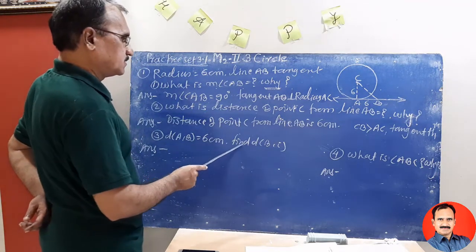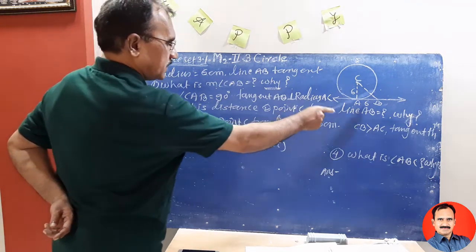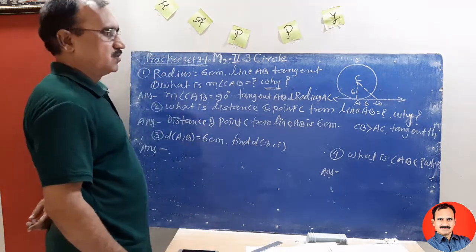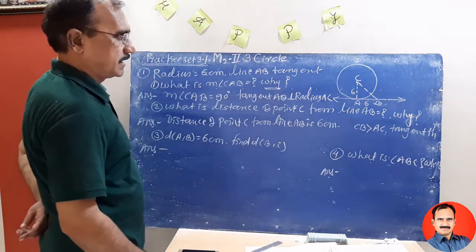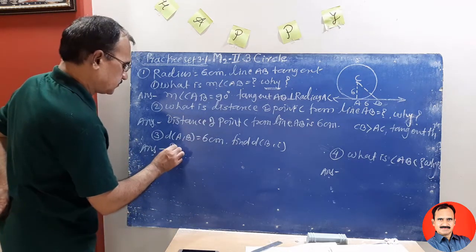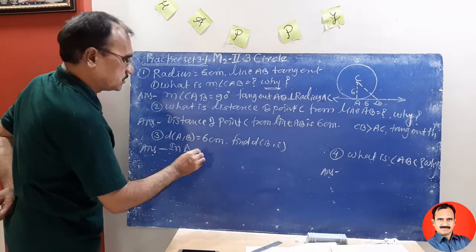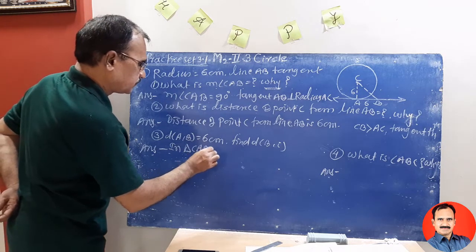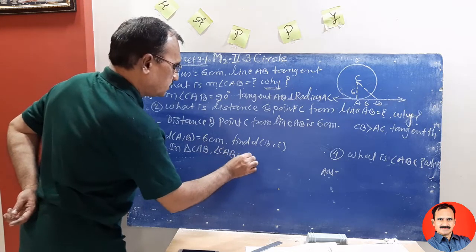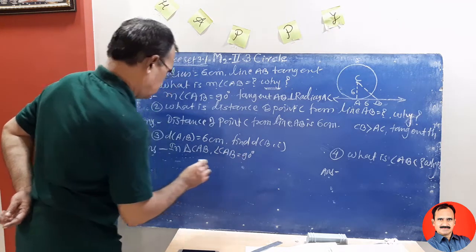Find BC. That means we have to find segment BC, the hypotenuse of right angle triangle CAB. In triangle ACB, or CAB, angle CAB is 90.